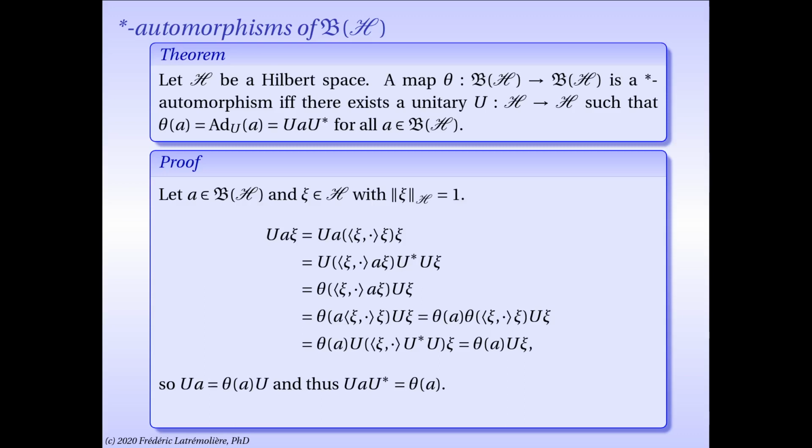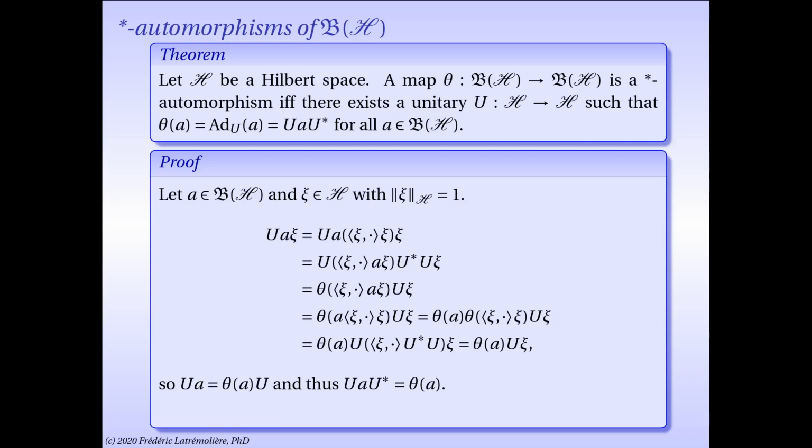But then on the other hand, I'm here cheating a little bit. U is a unitary operator, so I can insert U star U just before the last vector psi at no cost because U star U is the identity. So we did two steps here. We calculated A times the projection on the linear span of psi as this rank 1 operator, and we inserted U star U just before the vector psi, since U star U does nothing, it's the identity.